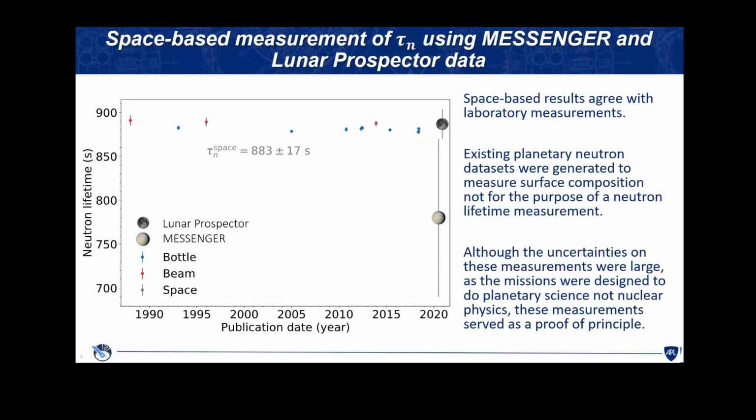We have a small amount of data that we were constrained to use, around 45 minutes for Messenger and 2 days for Lunar Prospector. And of course, the instruments were designed to do planetary science, not nuclear physics. But nonetheless, these measurements do act as a proof of principle. It demonstrates that the neutron lifetime can be measured using planetary neutrons. And in fact, we can make a much better measurement, we think, with a landed lunar detector that's designed to make this measurement. Next slide.